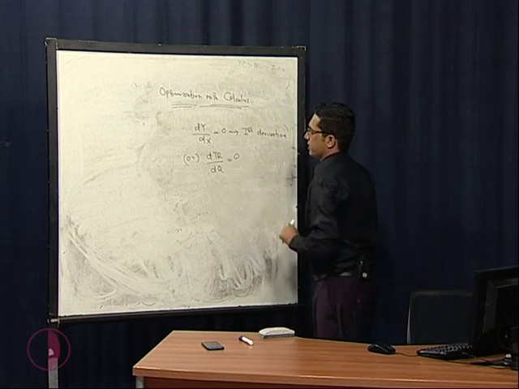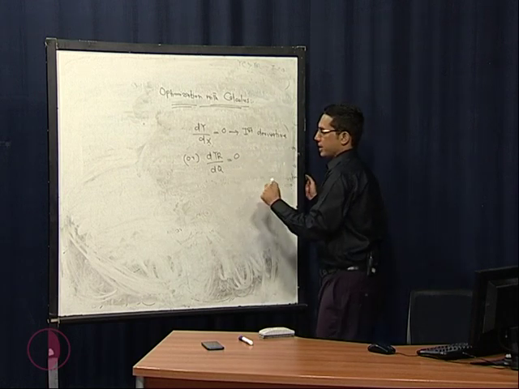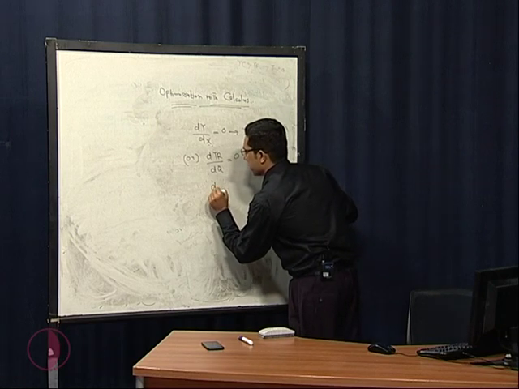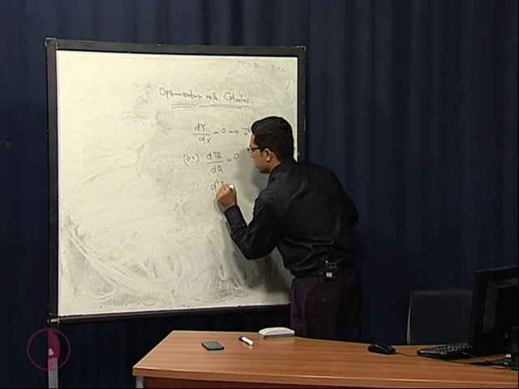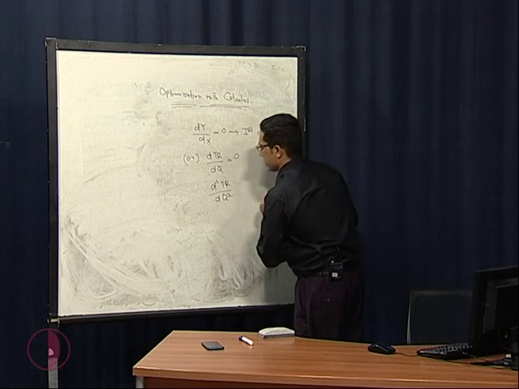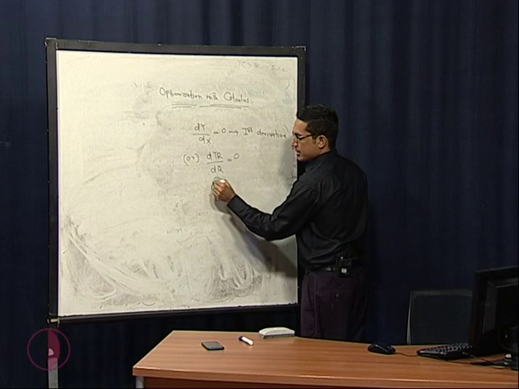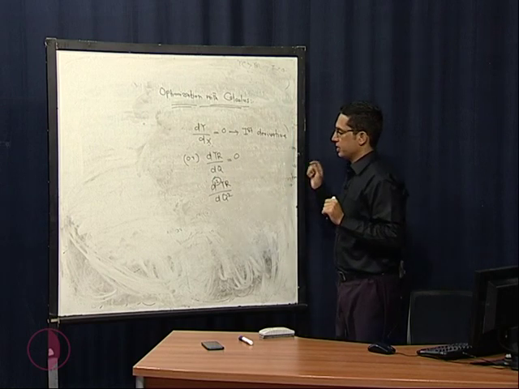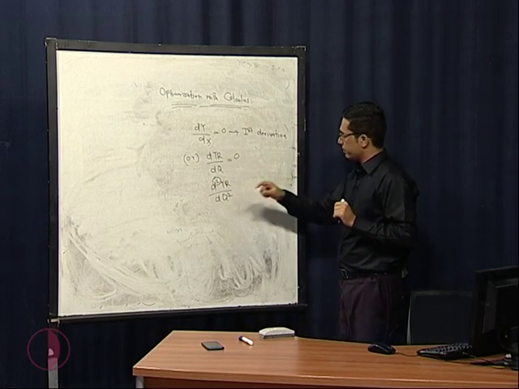This was the first order derivative. Now for the second order derivative we use this symbol, d square total revenue divided by dQ square. This square stands for second order derivative.